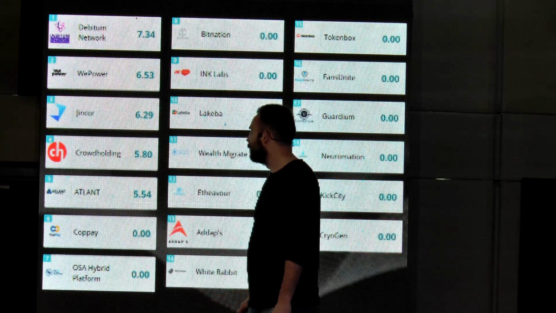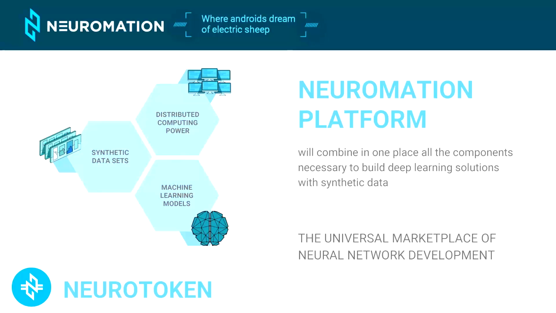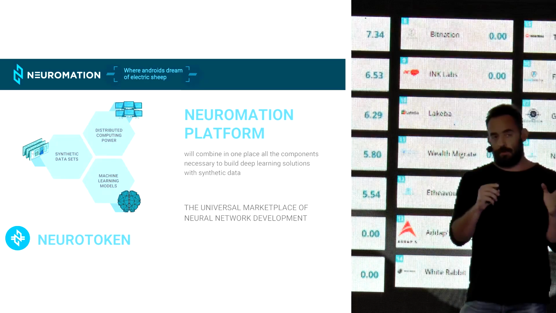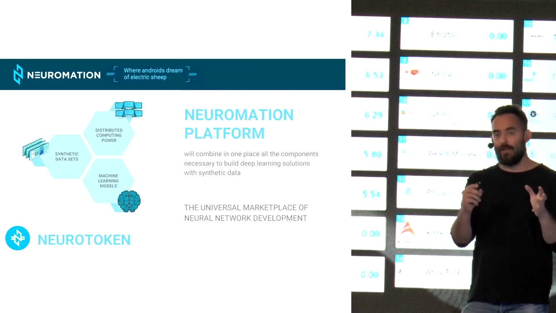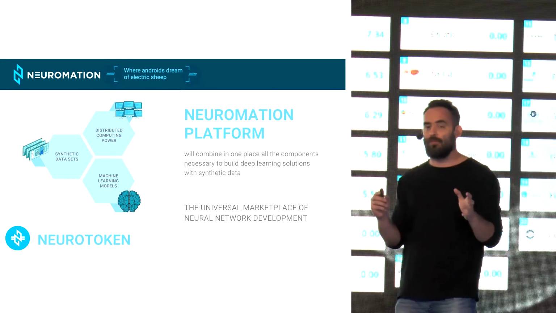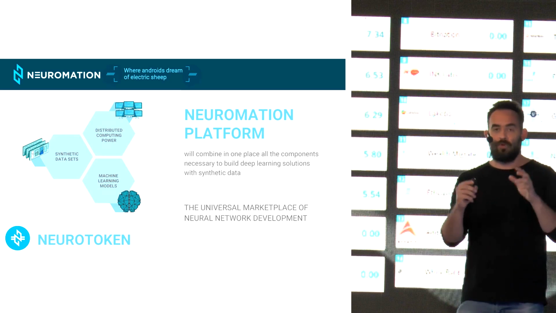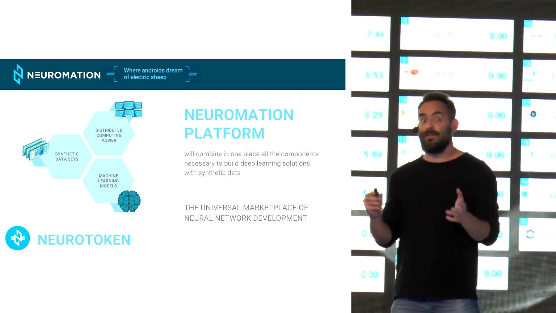So let me quickly jump to the Neuromation platform. In the Neuromation platform, we will connect these two needs in a single marketplace. As I said, in order for a deep learning algorithm to train, it has to have all of these data examples. What we are doing is generating virtual worlds that create this data.